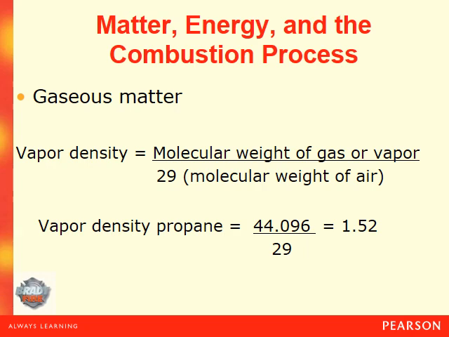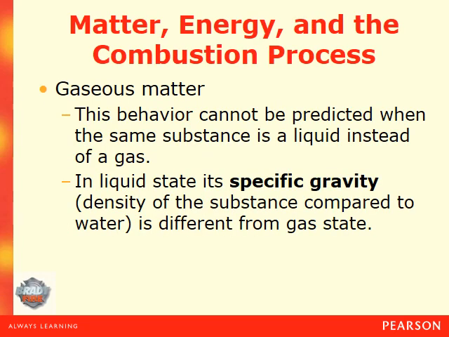It's the molecular weight of the gas or vapor, divided by 29. And again, you can find that off the periodic table, but I'm not expecting you for this class to know anything like that. This is just more for your information. Now, once you get into the chemistry of hazardous material, then yeah, you have to know some of this stuff.